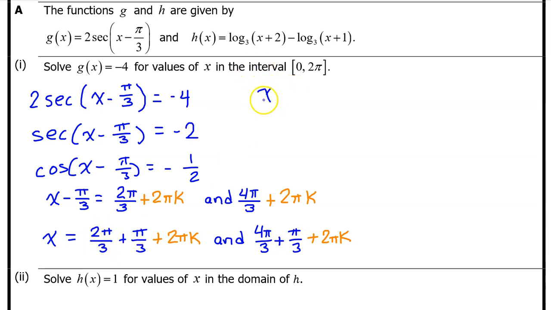So we end up with x is equal to 3 pi over 3, or simply pi, plus 2 pi k, and 4 pi over 3 plus pi over 3 is 5 pi over 3. So that's 5 pi over 3 plus 2 pi k.